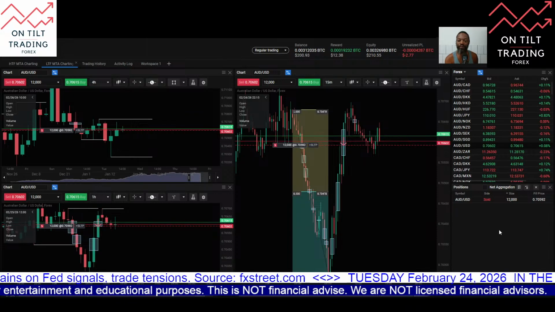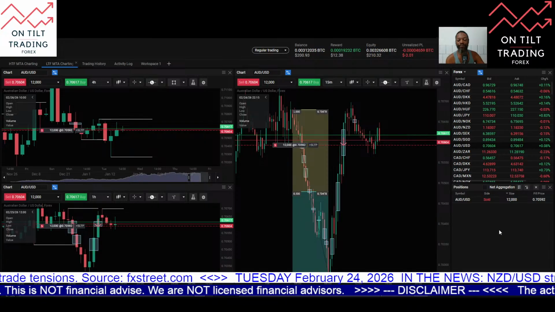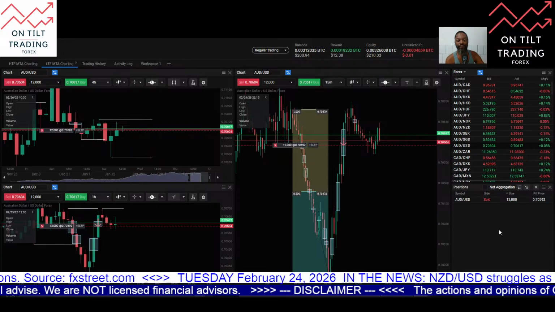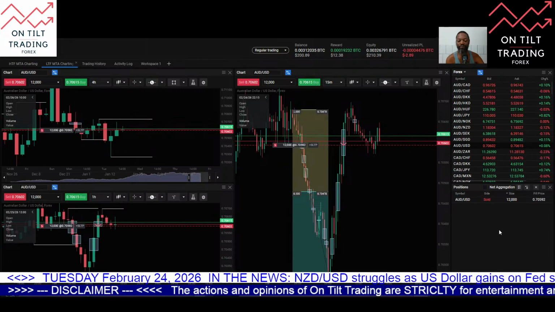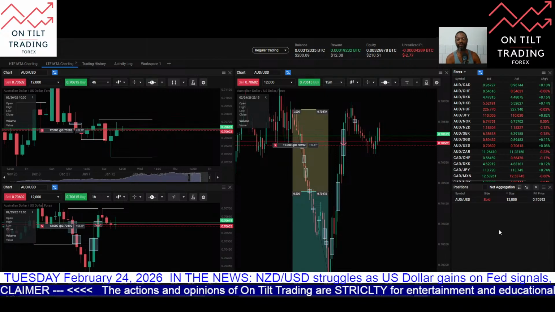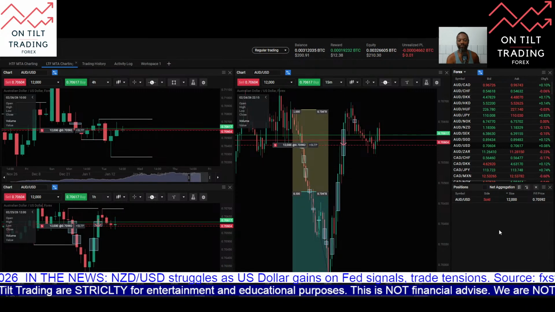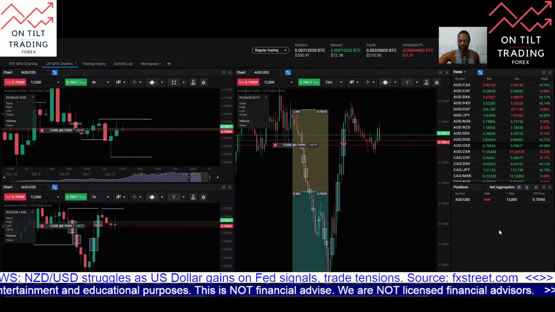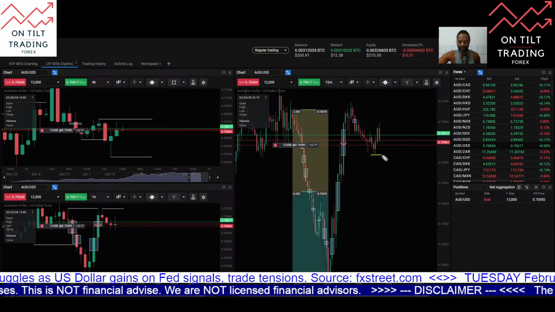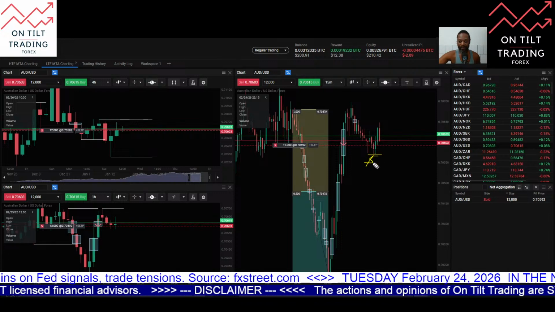Price approaching the 0.70600 level. There are equal lows here, so there's going to be sell side liquidity here.